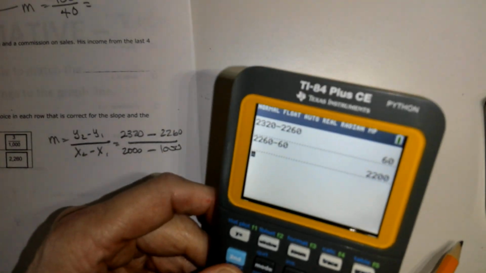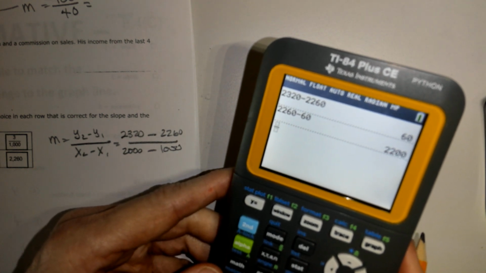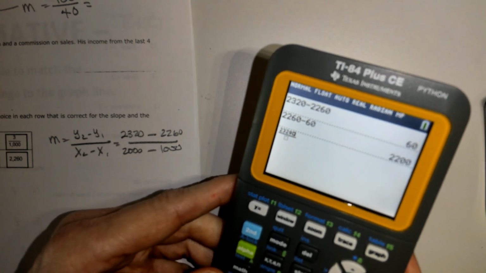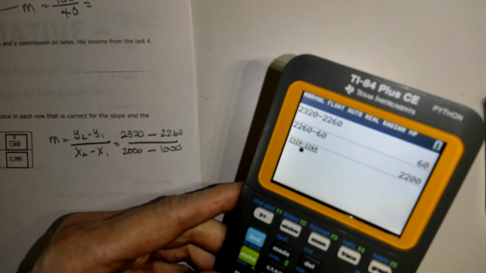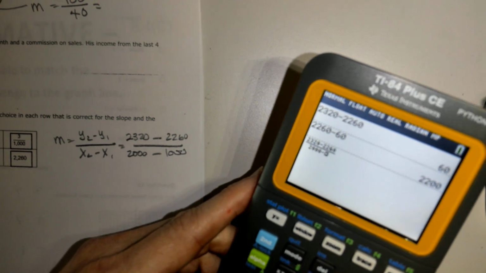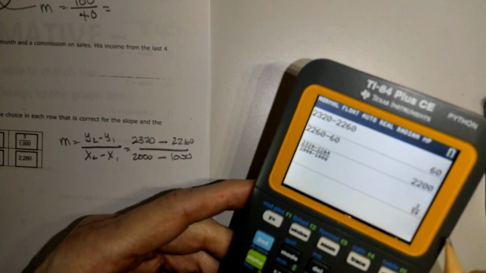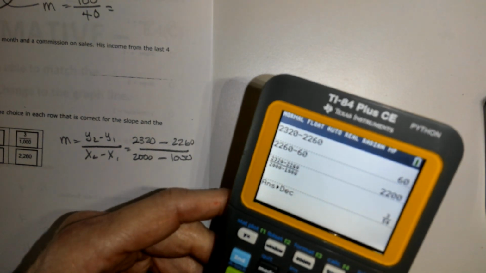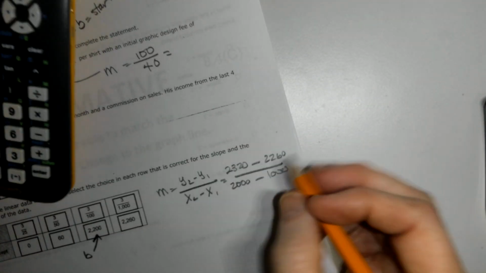Put in your fraction framework: 2320 minus 2260 over 2000 minus 1000. I get a fraction I need to turn into a decimal, which gives me 0.06.